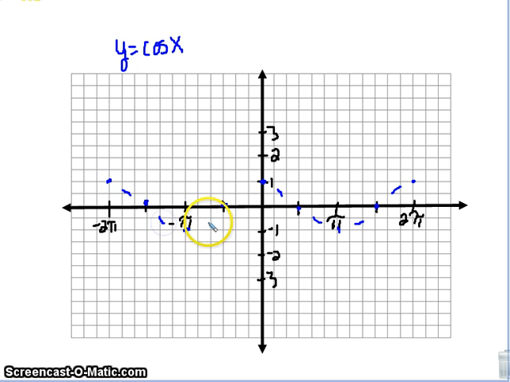I'm just dotting in my basic cosine to remind me what I'm doing. And now I'm going to look at what happens if I say y equals the cosine of 4x. Cosine starts at 1.